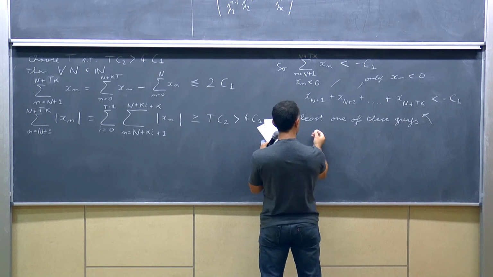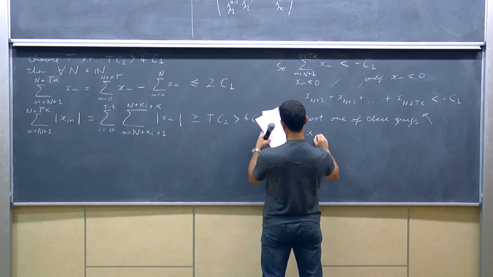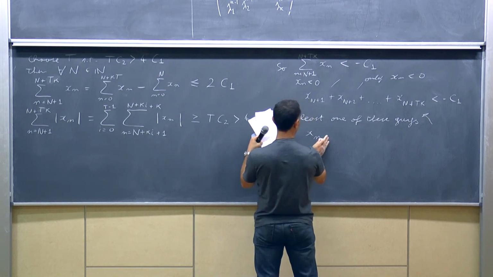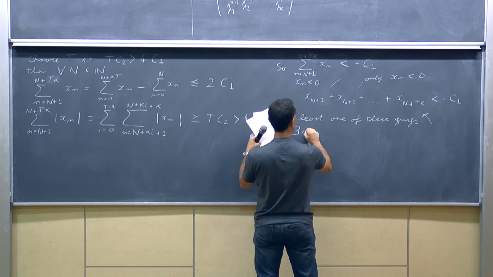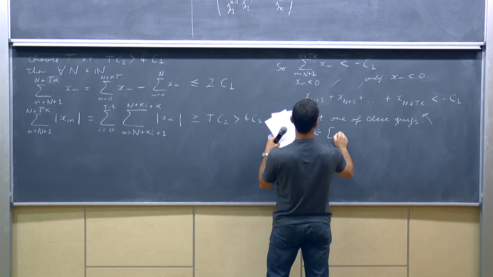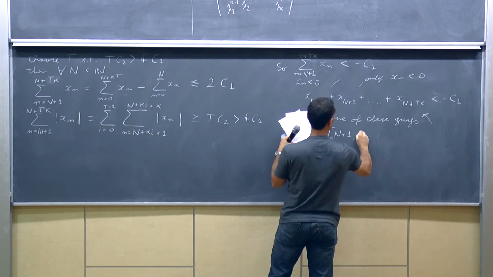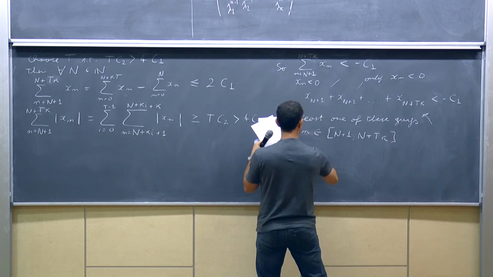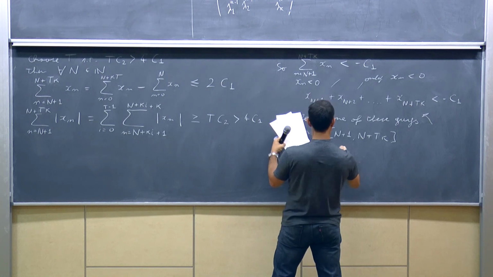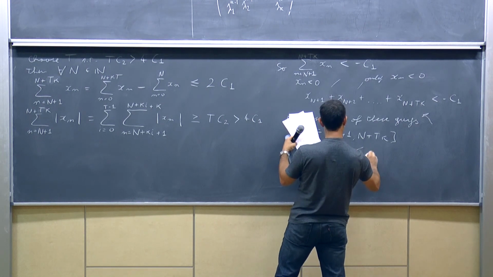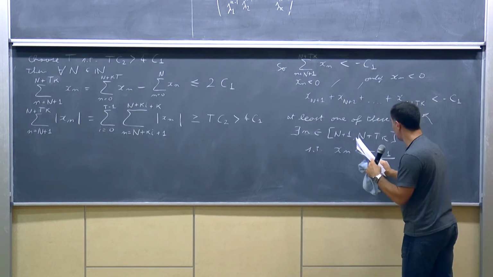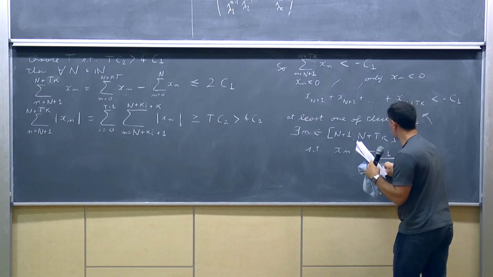So I'm saying that there must be some xn, so there exists an n in this range, n plus 1 to n plus tk, with the property that xn is less than minus C1 divided by tk.